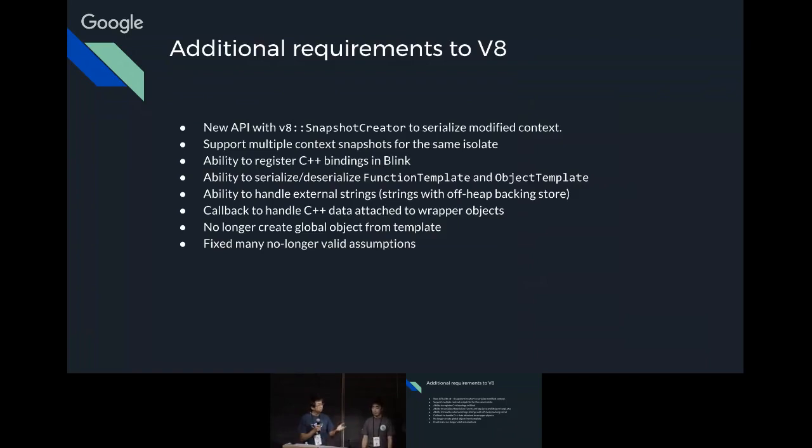And then we don't have to do this weird thing with creating a global object from a template anymore, because the entire global object we need is already there in the snapshot. And then there are a bunch of assumptions that we have to fix in order to get there.